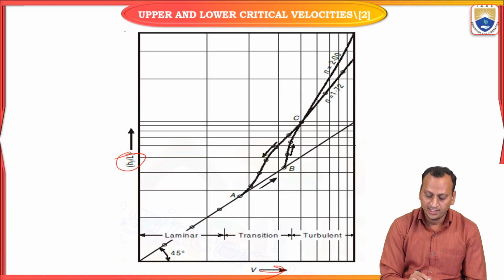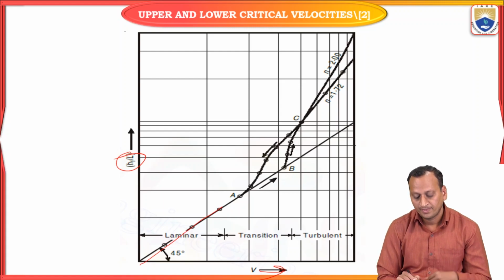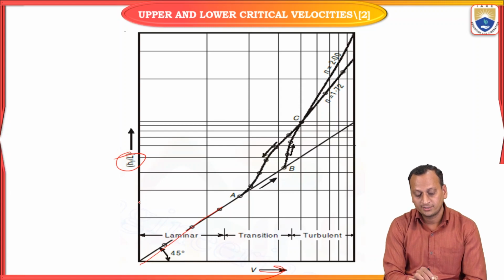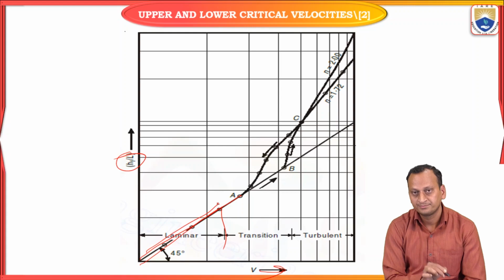In a laminar flow, up to this there is a laminar zone, and the line is perfectly inclined at 45 degrees. Up to this point, we can say laminar because it is a very straight line.